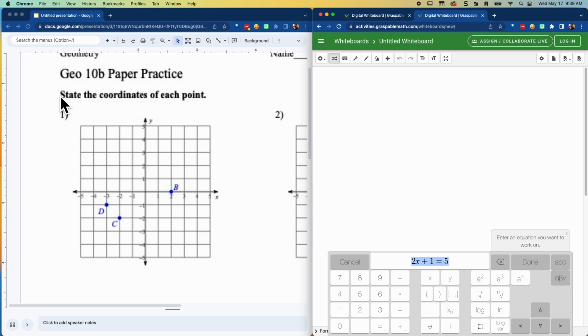All right, so for the first one, it says state the coordinates of each point. I have points B, C, and D, and this is just reminding us when we read information written about a point, where does that mean that it is on the graph? So we're asking this question kind of in the reverse order that we're normally given it.